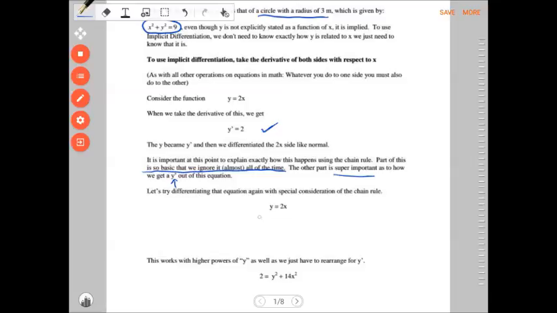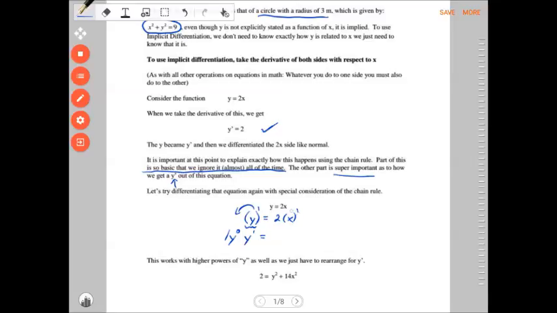The first thing we're going to do is think of this as y in brackets to the 1, and then we're going to go 2, and then put the x in brackets to the 1. If we use the idea of chain rule, the 1 jumps down in front, so 1y, and then decreases by 1, so 1y to the 0, and then we have to take the derivative of the inside, which was just y prime.